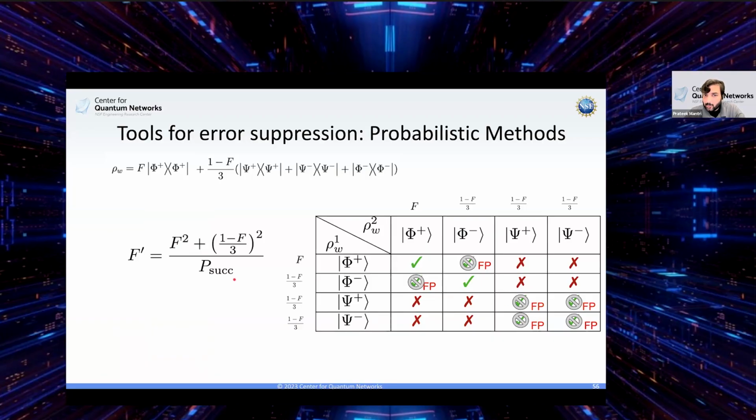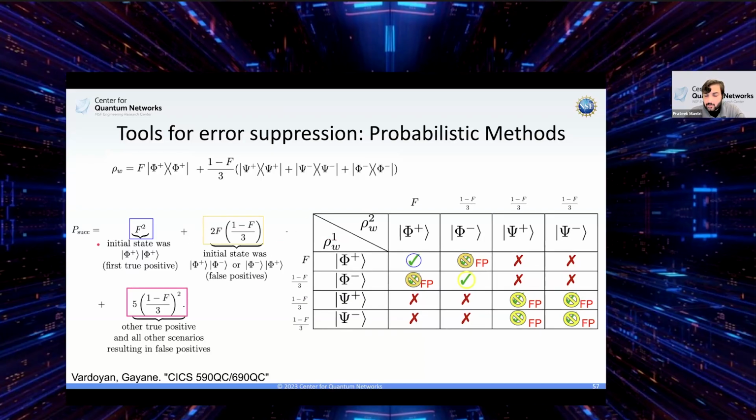So the success probability, or the new fidelity, is based on if we get this state and this state, or if we get this state and this state. If we either had both as phi minus states or both as phi plus states, that would boost the fidelity, normalized by the events that we kept. So the probabilities of getting these four states and the probability of getting these four states, and the rest we discarded.